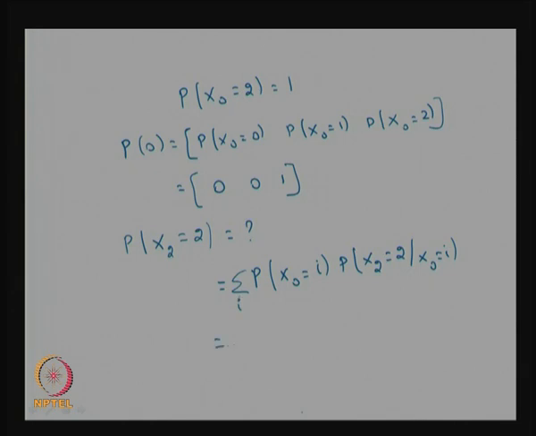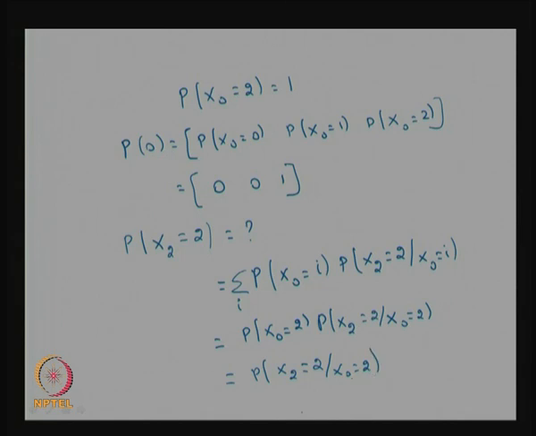Since the initial probability vector is 0, 0, 1, this comes down to: the probability that X_0 is equal to 2 multiplied by the probability that X_2 is equal to 2 given that X_0 is equal to 2, and all other terms are 0, because 0 into anything is 0. Since the probability that X_0 is equal to 2 is 1, this is the same as the probability that X_2 is equal to 2, given that X_0 is equal to 2.